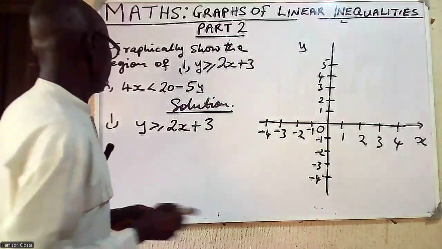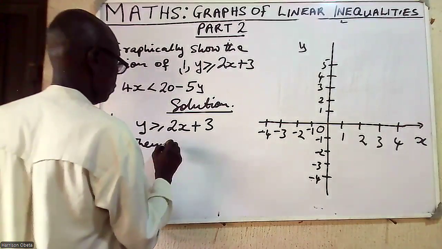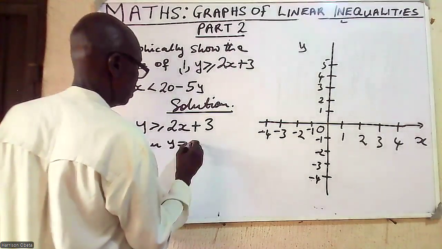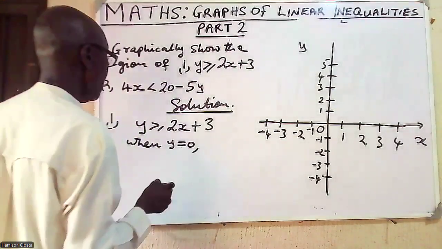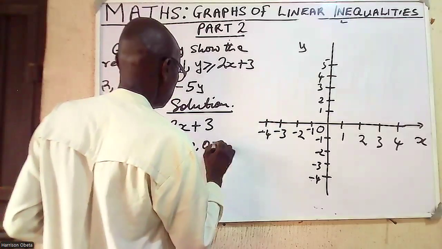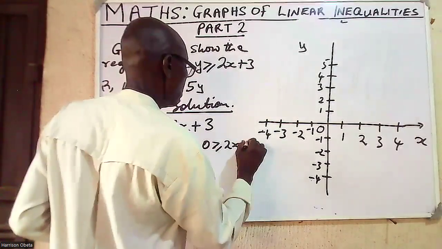So let's go ahead. When y equal to 0, that means that 0 is greater than or equal to 2x plus 3.